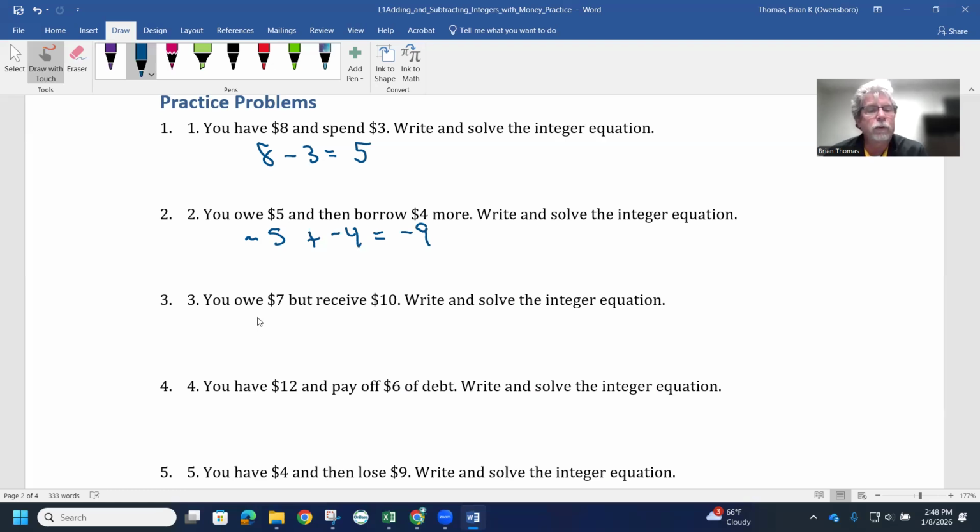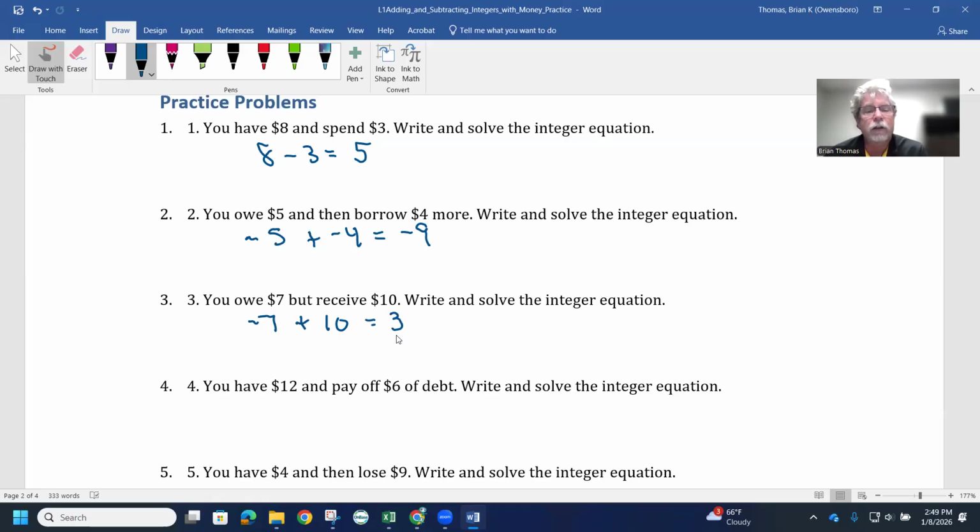So this next example, you owe $7 but receive $10 of income. So to me, I'm down 7, but if I receive $10, that means I'm going to increase my value by $10. So if I look at that, I'm going to be out of debt now. But how much debt am I going to be out of? Looks like I'm going to be out by 3.